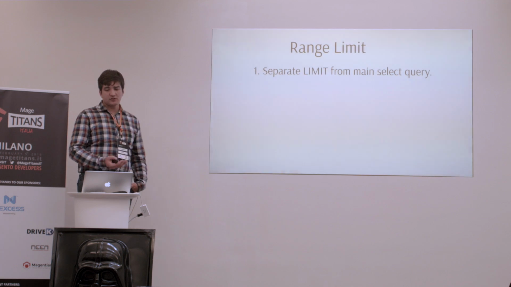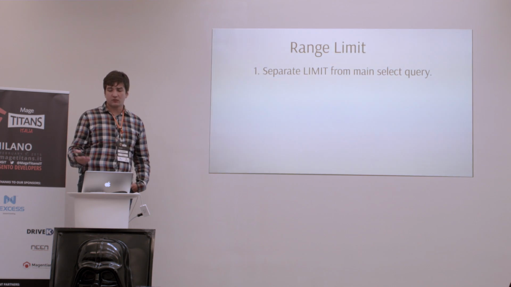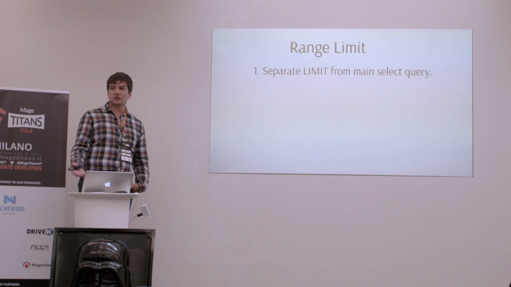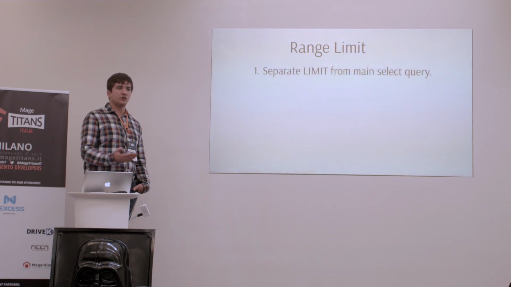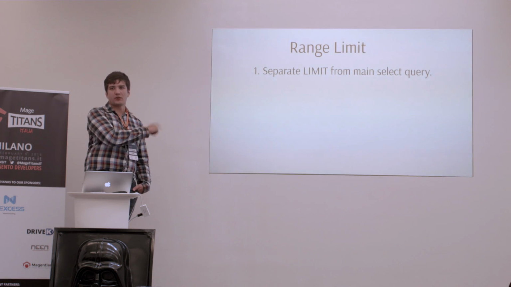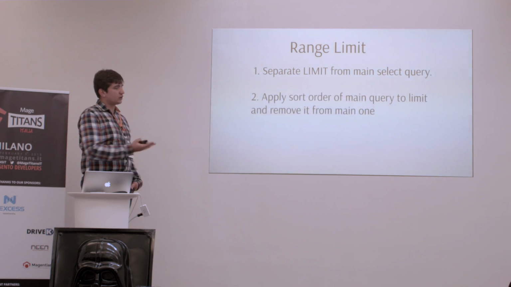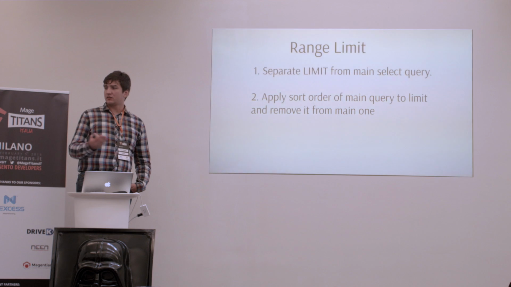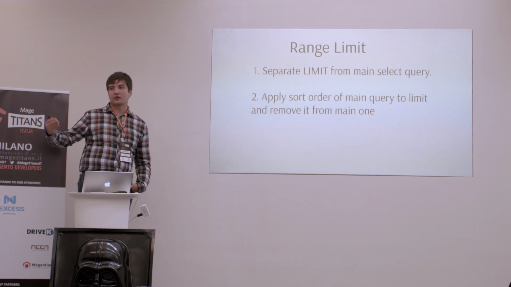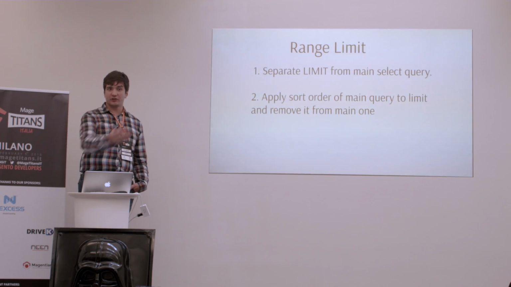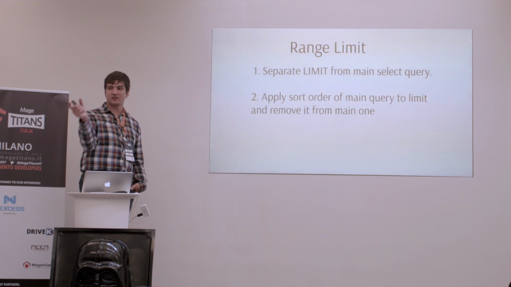So for this purpose, we can separate the limit from the main query and use the limit only on one field, our main primary key. We can apply the sort order on this limit operation, so we don't need to order our main query because we already have an ordered list of IDs to which we just apply our data.